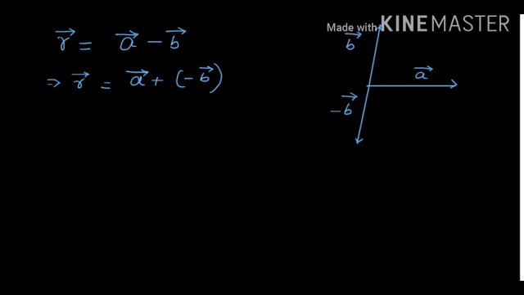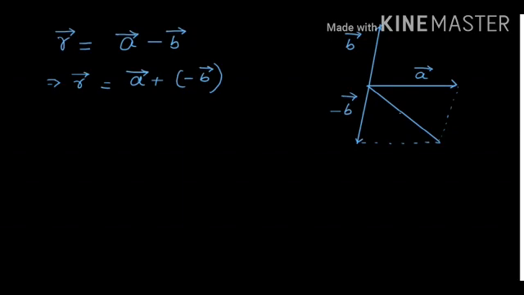Now we want to add these two vectors, vector A and vector minus B. So we will draw a parallelogram with these two vectors. Let me draw this parallelogram. This is a parallelogram. Now the diagonal passing through this common point gives the resultant.